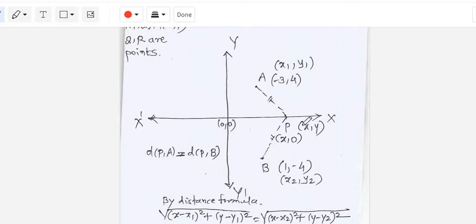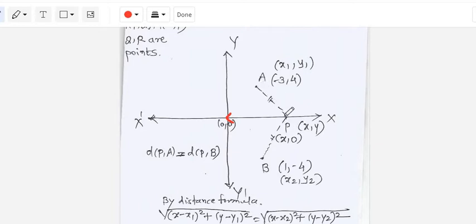This is the x axis, x dash, this is the y axis, y dash, and this is your point P, that is (x, y). The point P is on the x axis, therefore the x coordinate is x, and the y coordinate is 0. Point A is given, (x1, y1) is (-3, 4). Point B is given, (x2, y2) is (1, -4), and these two points are equidistant from the point P.